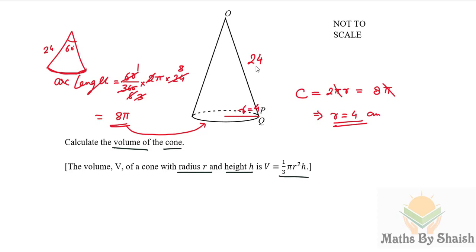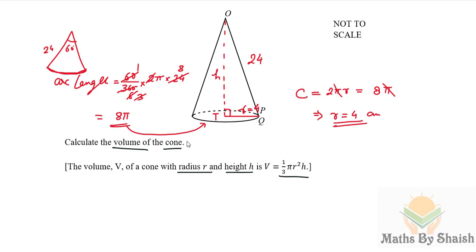Now 24 is the slant height, so we can calculate. If we join the height of the cone, which is h, then we'll get, let's mark it as t, OTP, which is going to be a right angle triangle.